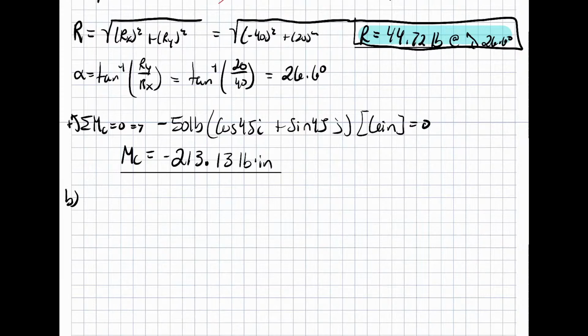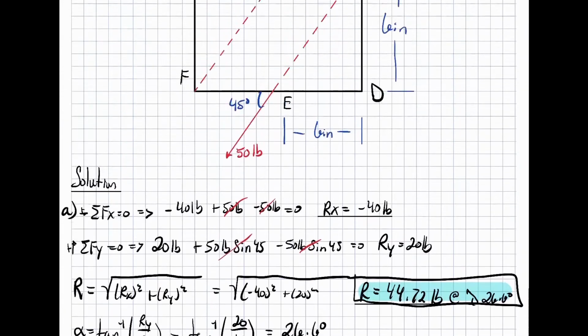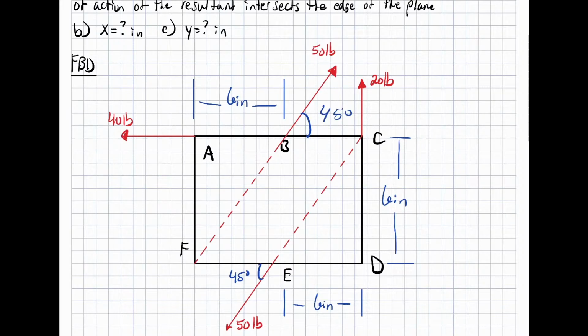So for part B, they're asking us to find the x-coordinate that the resultant line is going to be on. So the equation is going to be Mc is equal to the, not P, 20 pounds times the x direction. The reason I chose 20 pounds is that we're taking a moment about C, and this is going to be the x direction.